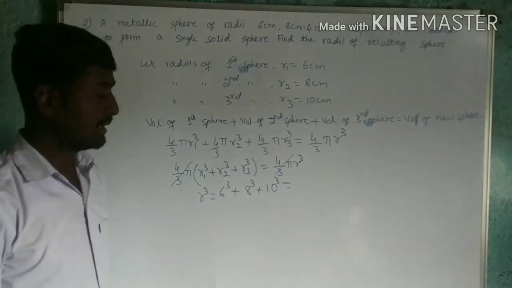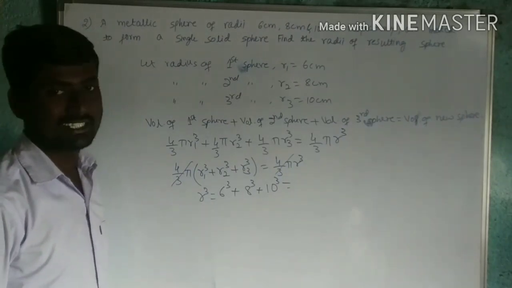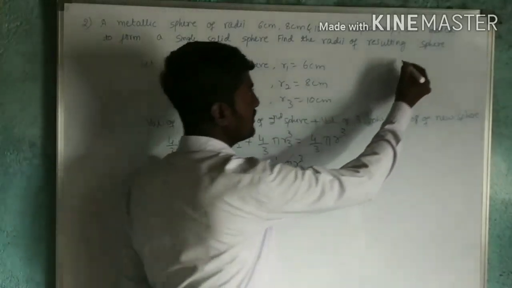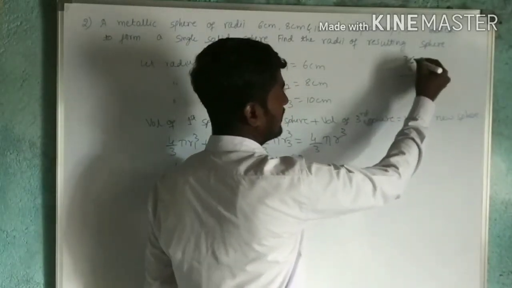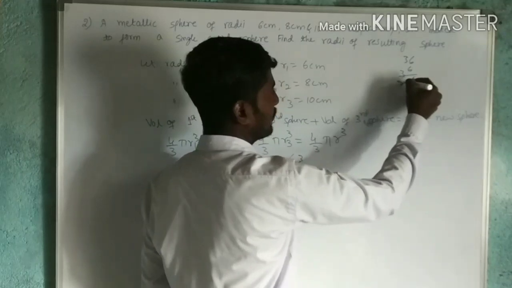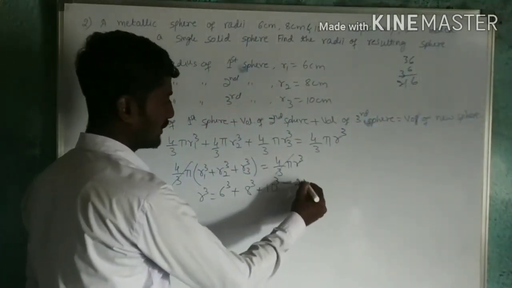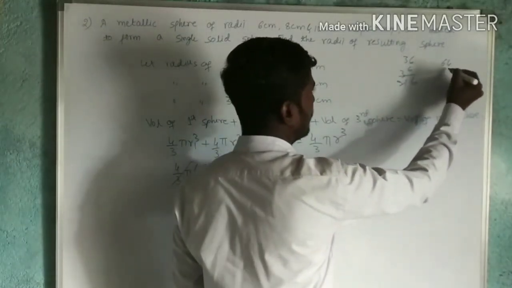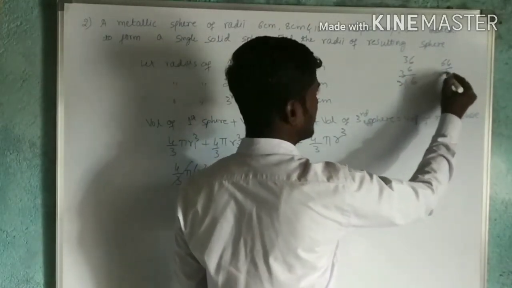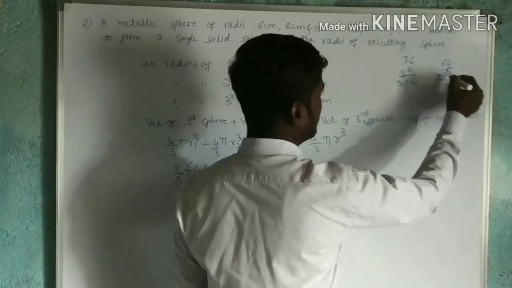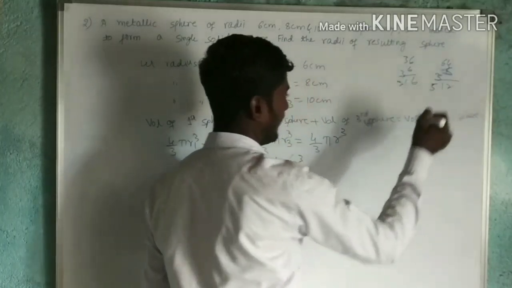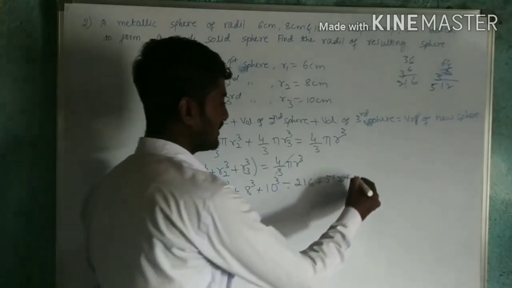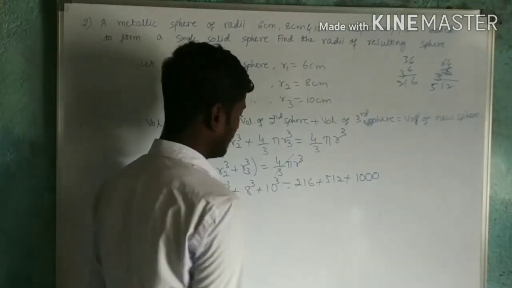Now 6 cube means 6 square is 36, into 6 is 216. Plus 8 cube. 8 cube means 64 into 8, which is 512. 512 plus 10 cube, which is 1000.